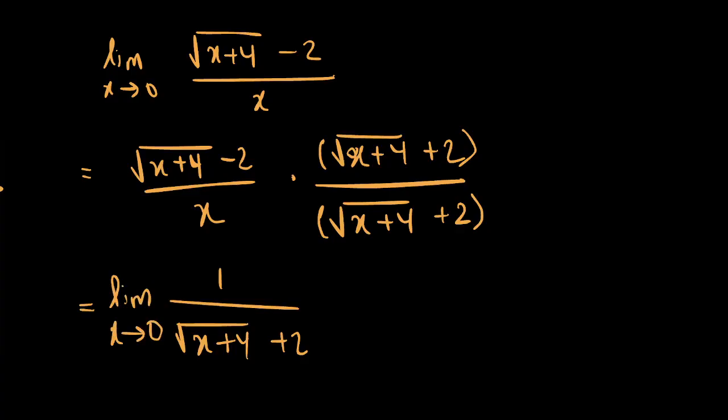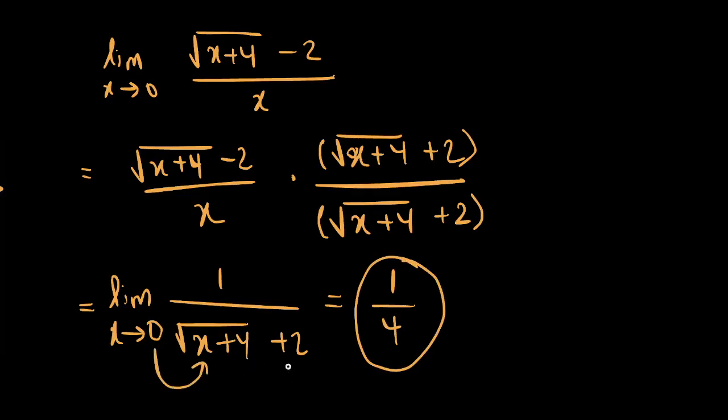And if we then simplify this by substituting our value of x into this expression, we can see that we get 1 over the square root of 0 plus 4. That's the square root of 4, which is 2. 2 plus 2 is 4. So our answer then is going to be 1/4. So again, we just substituted our value for 0 into this expression.